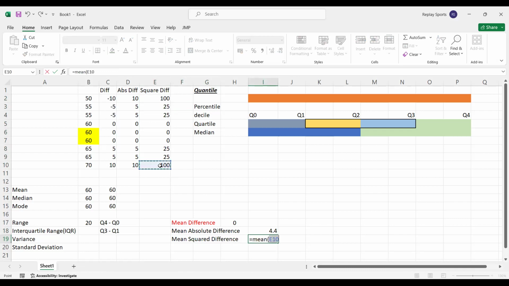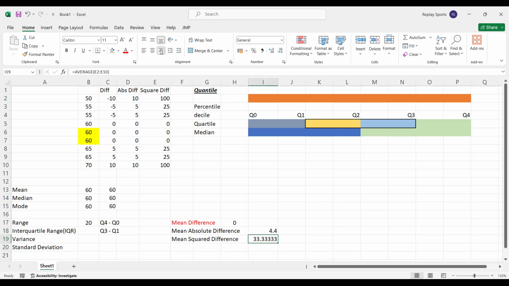We did the difference, then we did the square, now we are doing the mean, the average. So this is your mean square difference. Now see, 4 became 33.